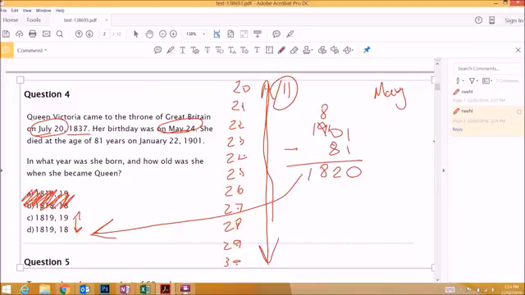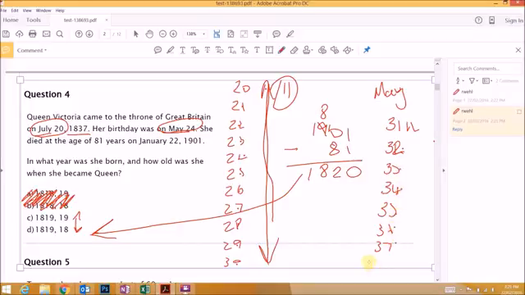Let's start the next decade in which she does become Queen. So 31, 32, 33, 34, 35, 36, and 37. Now, 12, 13, 14, 15, 16, 17, 18 years old.